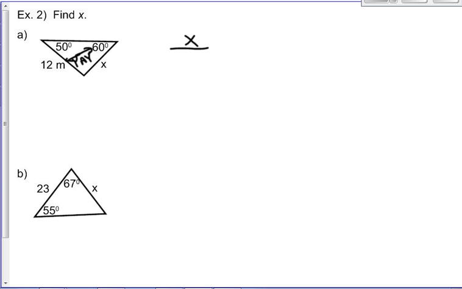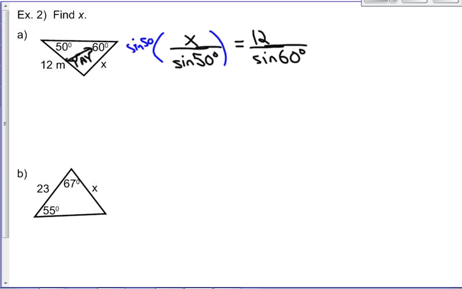X, the side I'm looking for, over the sine of its opposite angle, equals the side we know over the sine of its opposite angle. Just multiply both sides by sine 50. And we get this. X equals 12 sine 50 over sine 60.